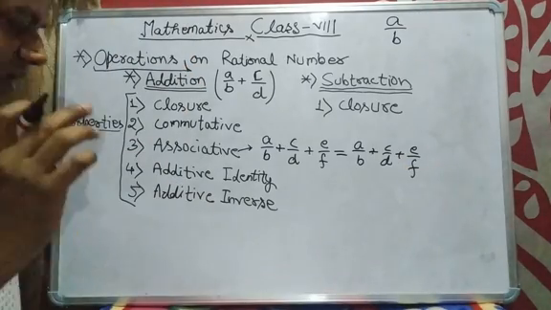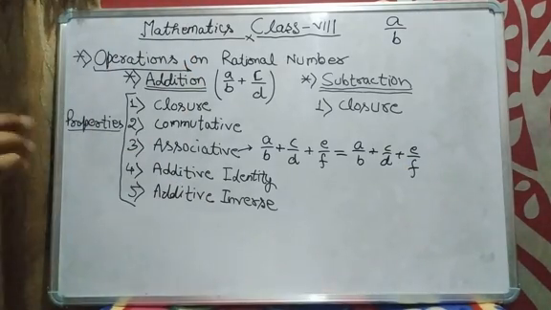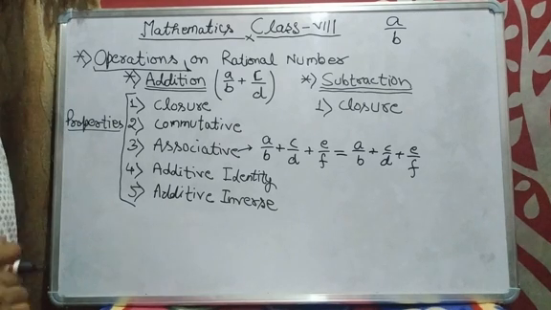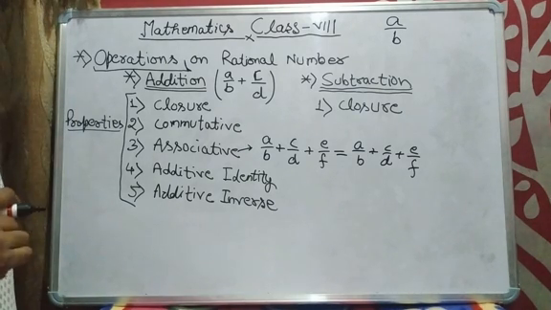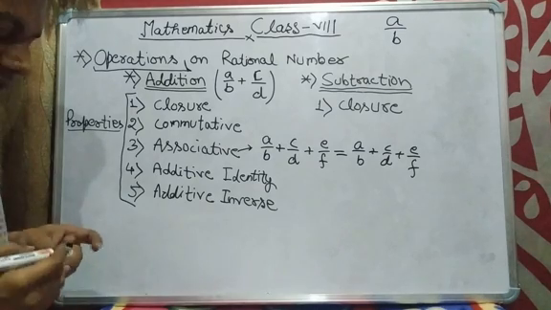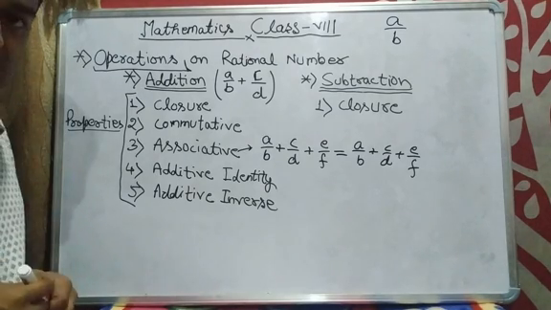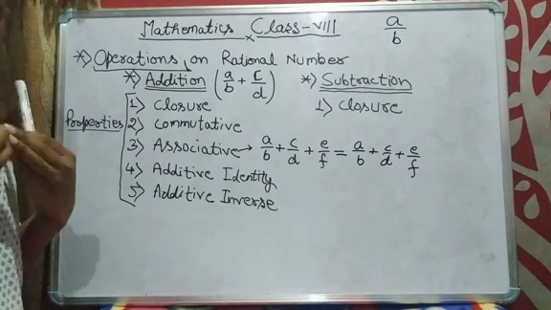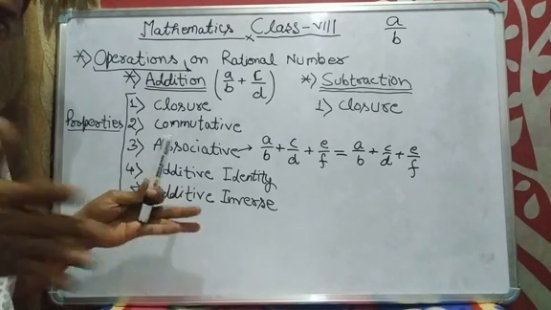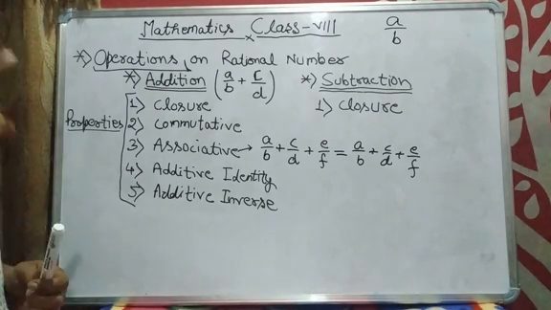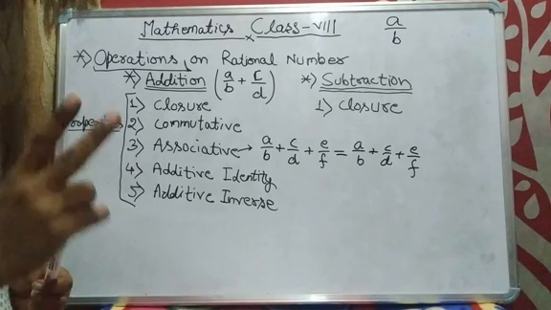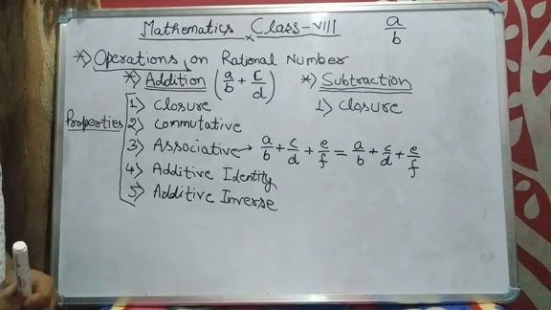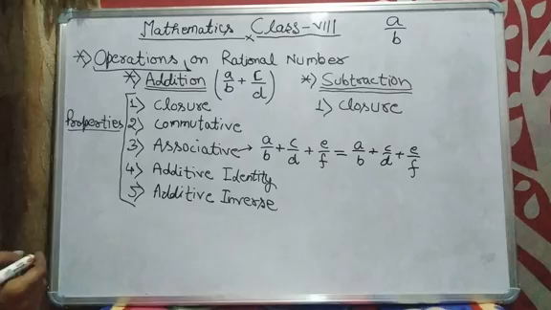But, dear students, while adding three numbers, we are not able to add the three numbers together. First we add any two numbers, then the result is added to the third number. Then only can we add the three numbers.